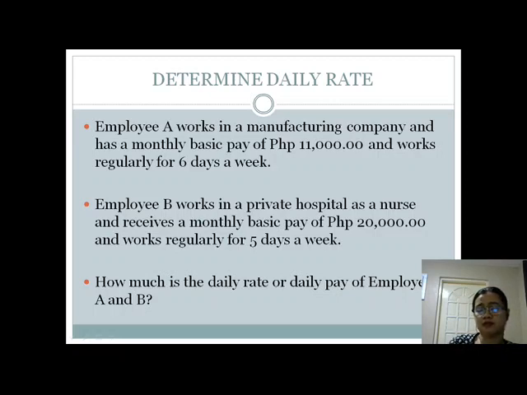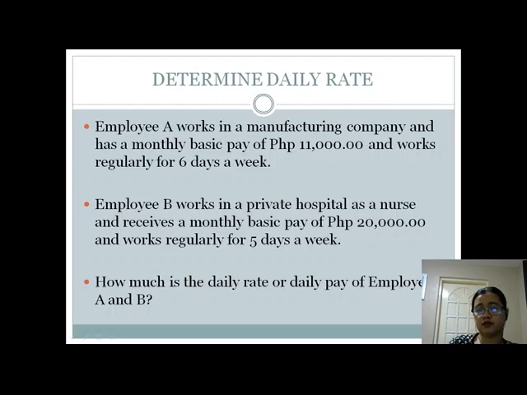So on the first employee, employee A, works 6 days a week. And the second employee, employee B, works 5 days a week. Now, if we apply these two scenarios to the different factors, 6 days a week is actually the 313 scheme.